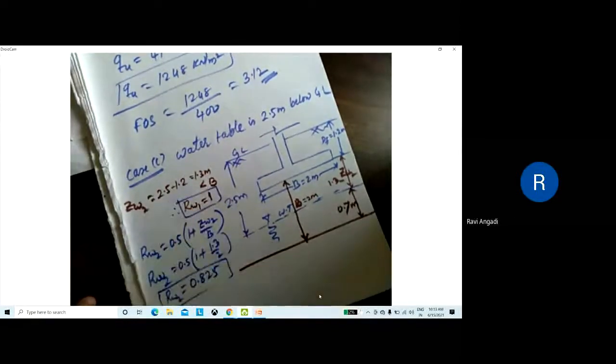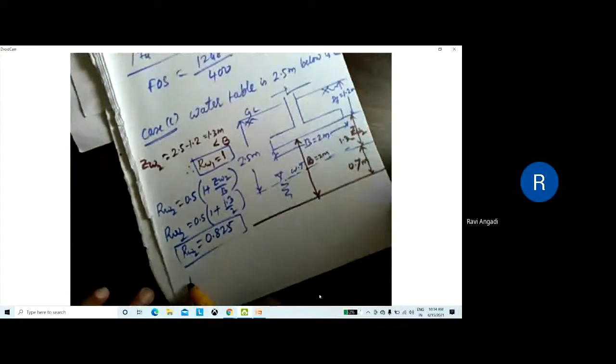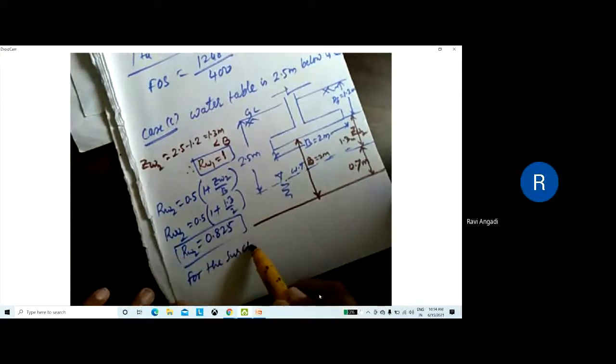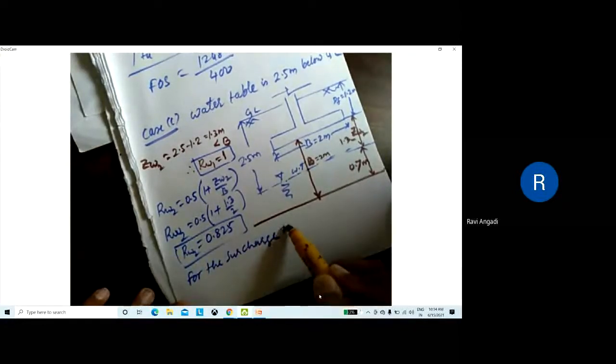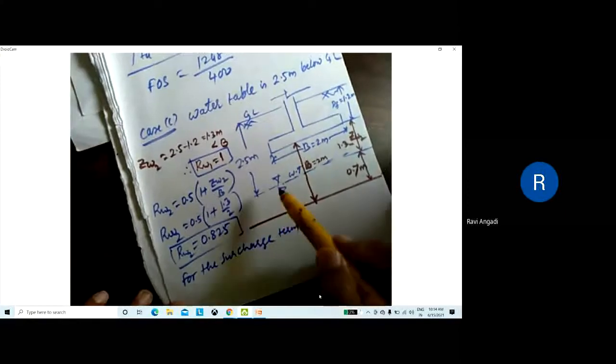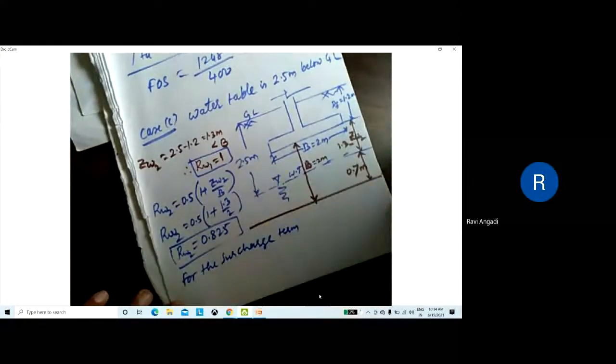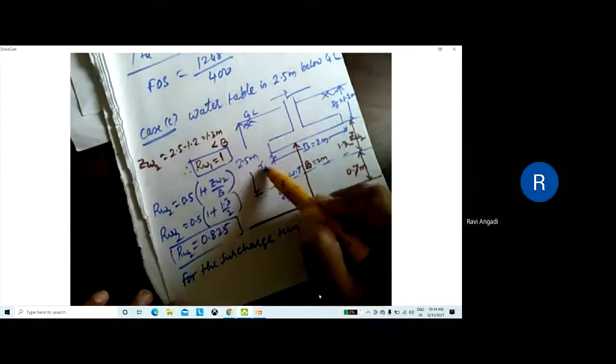RW1 is 1. Now again, for the surcharge term, above the water table you have to check whatever soil is lying, gamma 1.